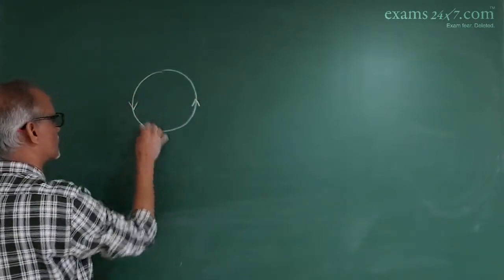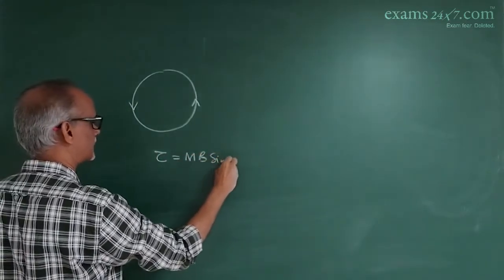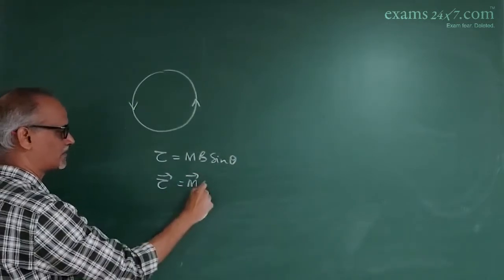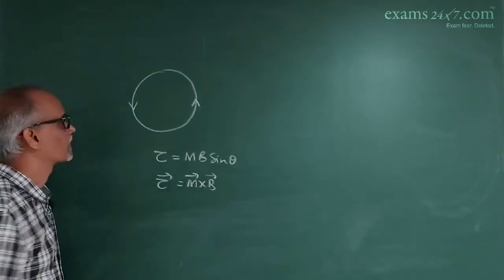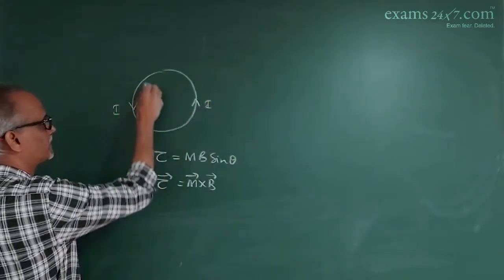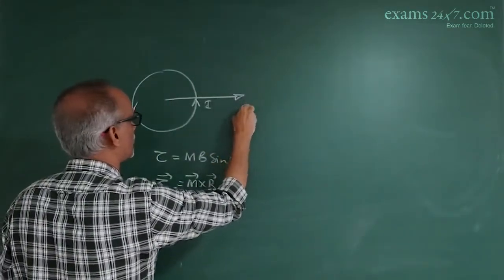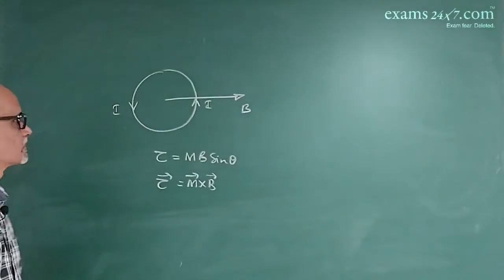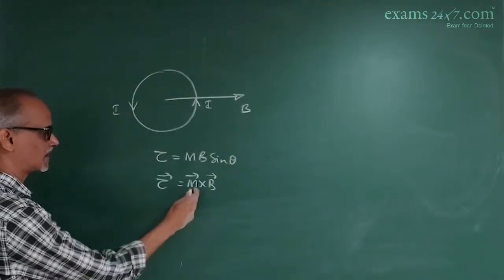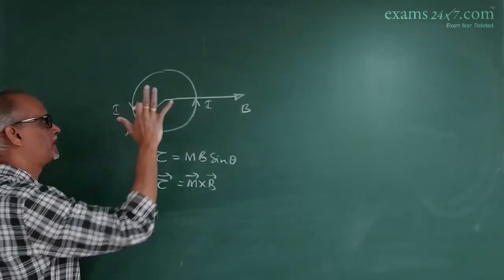So when a current carrying loop of any shape is placed in a magnetic field, it experiences a torque which is given by tau is equal to M B sine theta, or the vector form is vector tau is equal to M cross B. If the plane of the coil is parallel to the magnetic field, the direction of the M vector is along the normal, that is perpendicular to the plane of the coil.